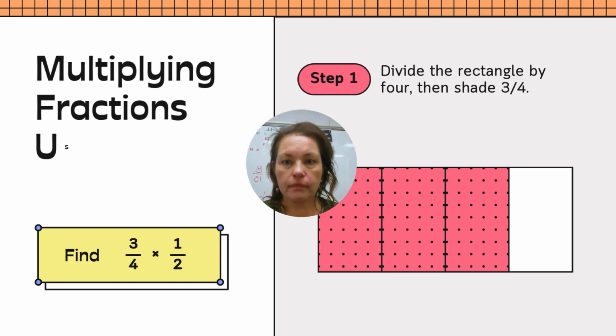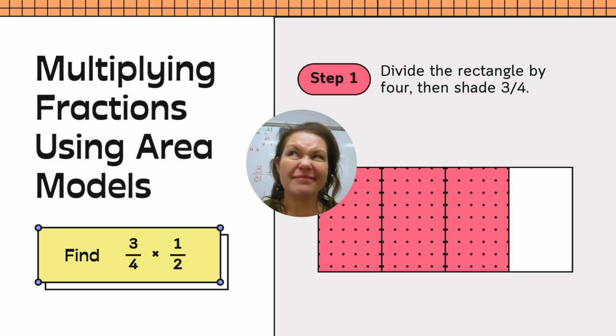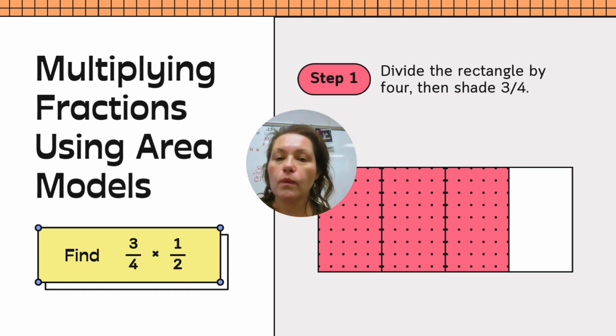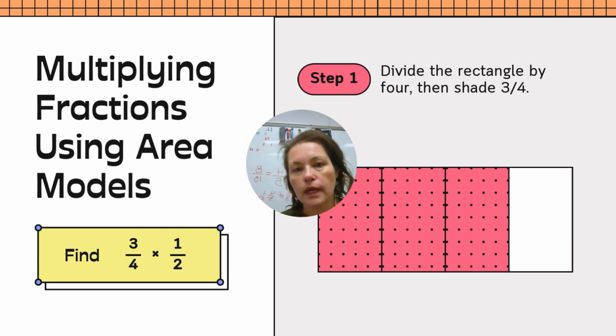Okay, area models. Not really much different than the pictures we were drawing, but a little bit different. So we're going to multiply fractions now using an area model. What's the area? So I want to find what's 3/4 of 1/2. Sound familiar?